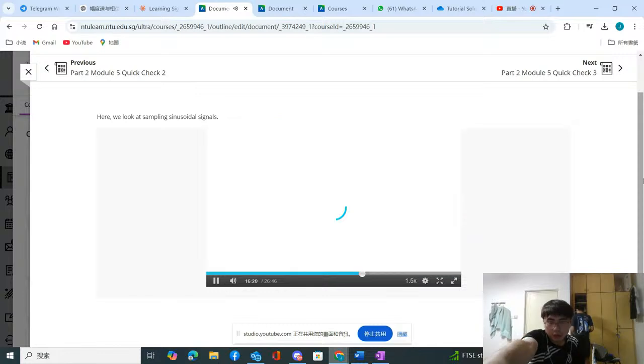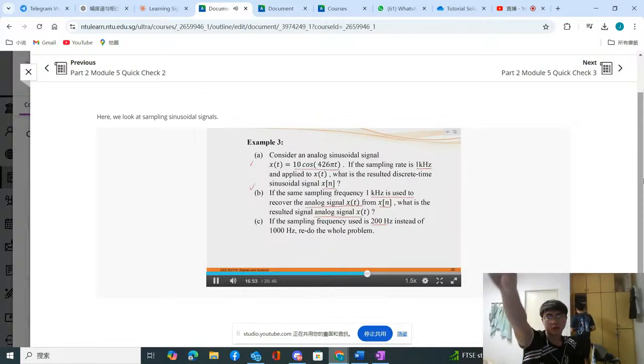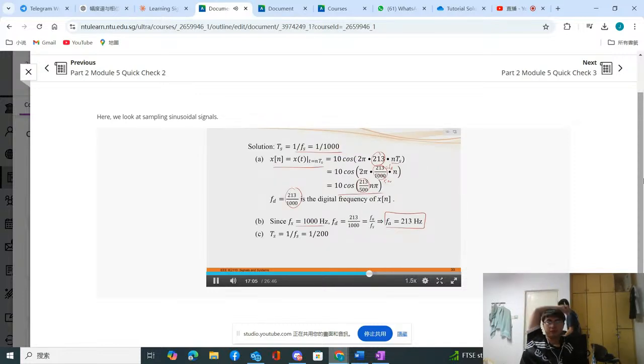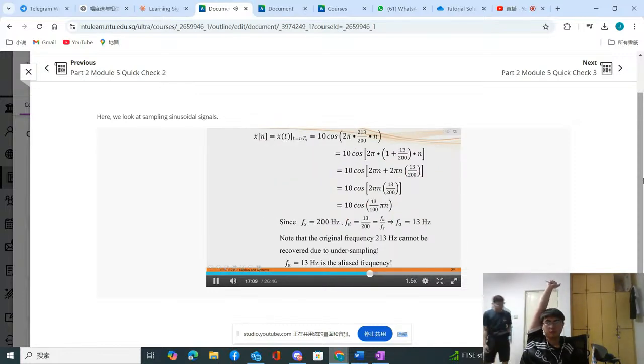This is for the part C case. My sampling frequency now is 200 hertz instead of 1000, so we're going to see what happened. In this case, my Ts is 1 over 200. Okay, so I'm working through the same problem here by replacing t by nTs, where Ts is 1 over Fs, which is 200.